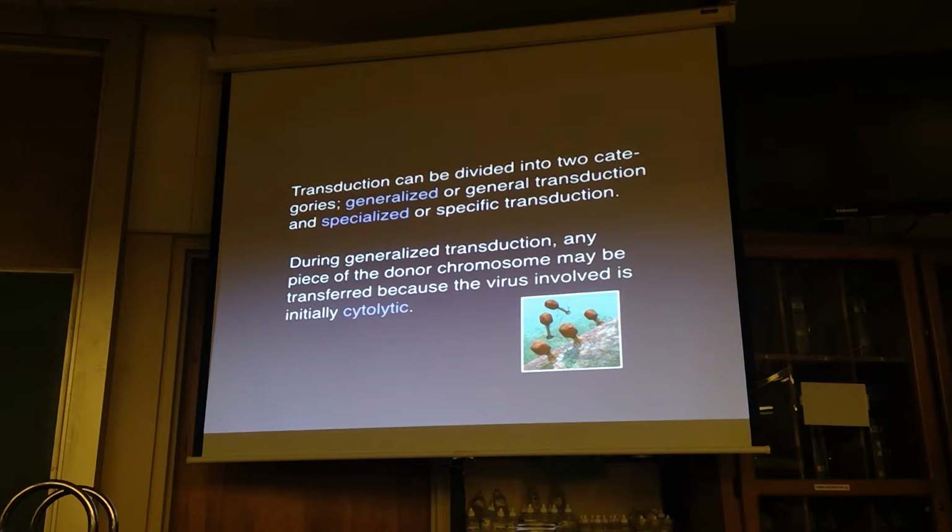Generalized transduction is called generalized because any piece of the donor DNA could be transferred. Typically what happens is you have a cell that's infected by virus. The virus takes over cell function, which is what viruses typically do. In the process, the virus encodes enzymes that chop up the host cell DNA. Imagine that DNA being chopped into a whole bunch of little pieces.